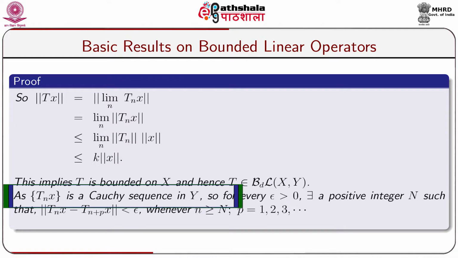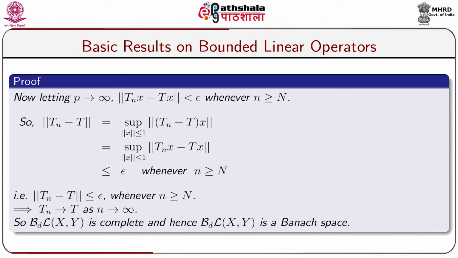As Tnx is a Cauchy sequence in capital Y, for every epsilon greater than 0, there exists a positive integer capital N such that norm of Tnx minus Tn plus px is less than epsilon whenever n is greater than or equal to capital N and p equal to 1, 2, 3 and so on. Now, letting p tend to infinity, norm of Tnx minus Tx is less than or equal to epsilon whenever n is greater than or equal to capital N.